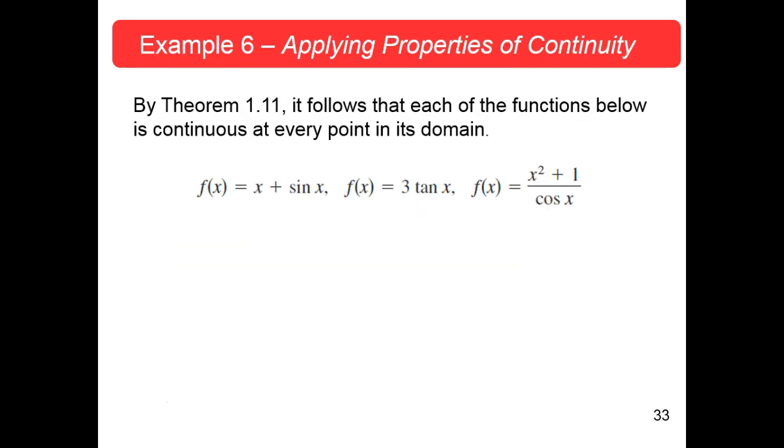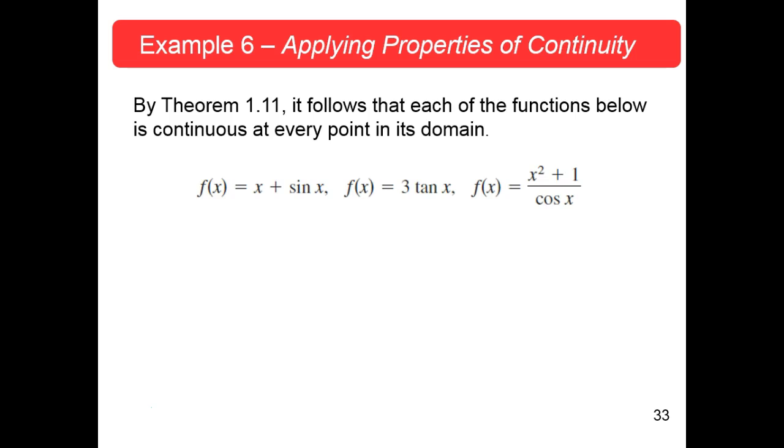So here's example 6. By this theorem, the one we just did, it follows that each of the functions below is continuous at every point in its domain. Why do you put it in an example if you tell us what the answer is? Okay, sorry about that.